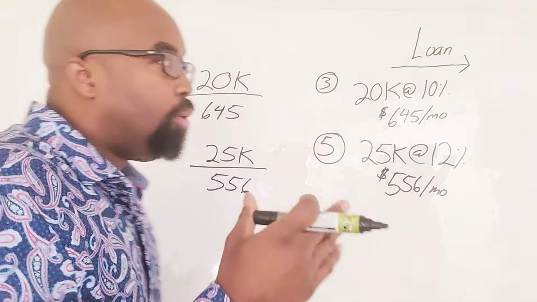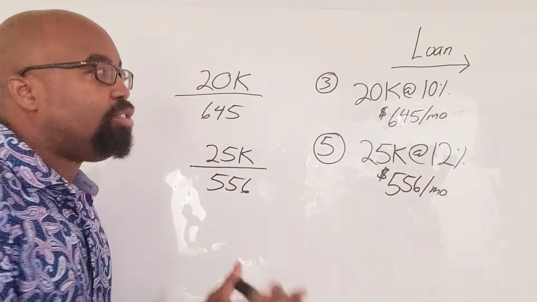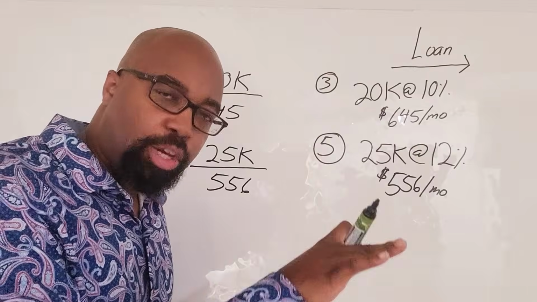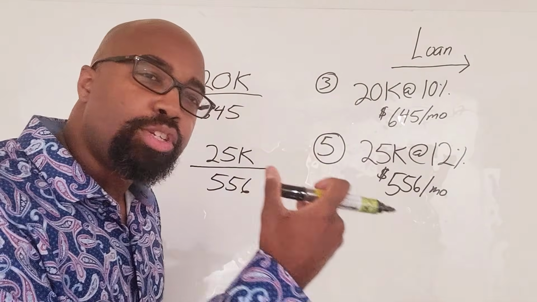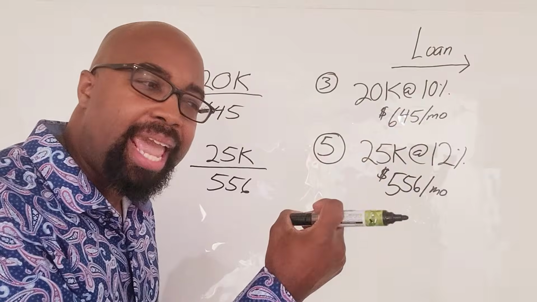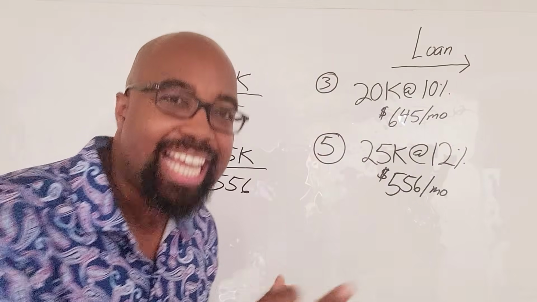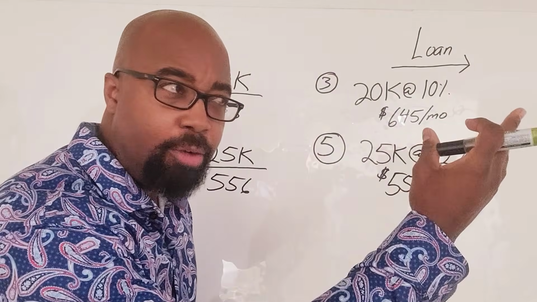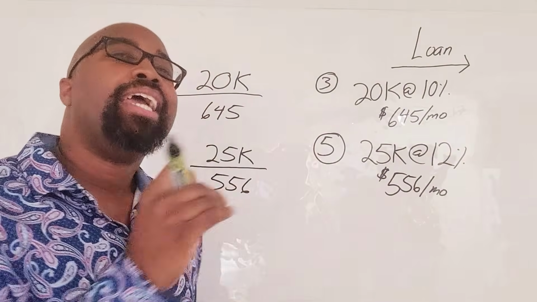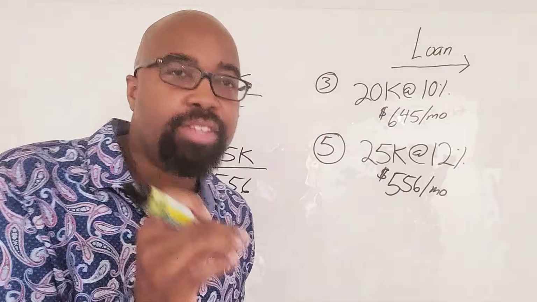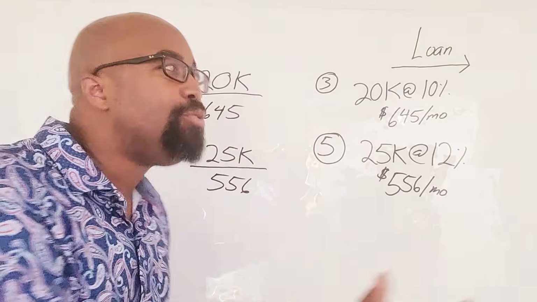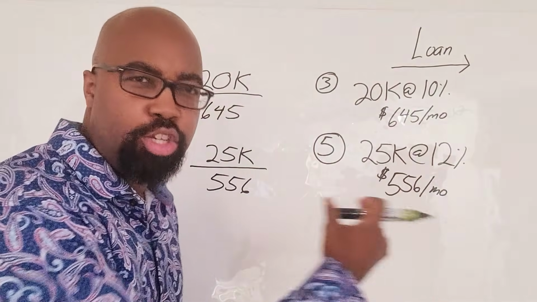Now, what does this mean? This means that it is a more accurate, in my honest opinion, description of which loan you should be paying off because it's taking the amount you're paying out each month in respect, very important phrase, in respect to the amount you've been given to borrow.